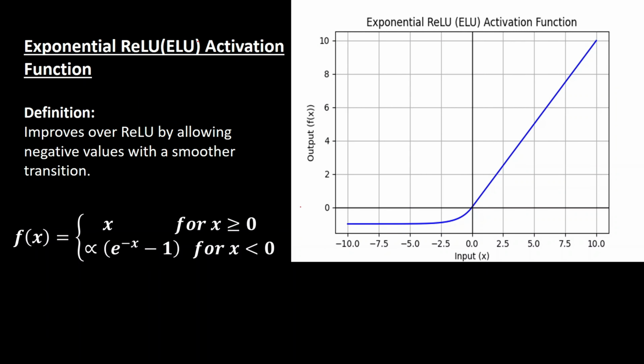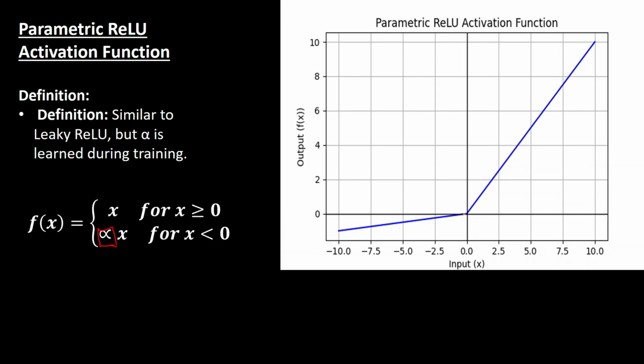Then we have the exponential ReLU function. The exponential is adding a smooth transition from the positive to the negative. As you can see over here, all the other graphs are not that smooth. There is a sharp corner between the zero, the negative values and the positive values.